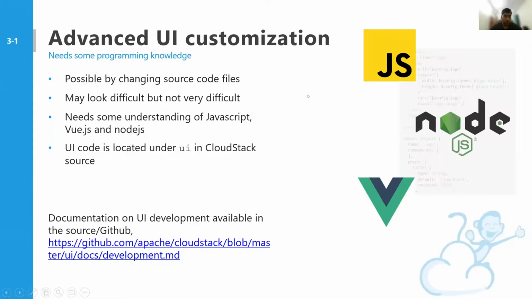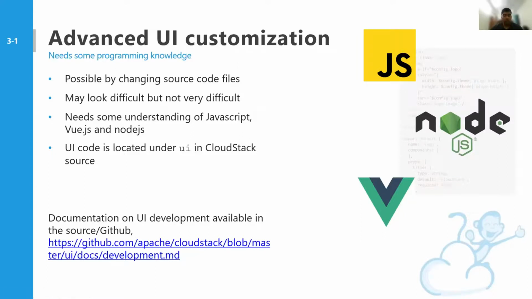In terms of code, the UI related source code is placed in the UI subdirectory of CloudStack's complete source code. That can be downloaded from CloudStack's official website as an archive, or the Git repository can be used to clone the desired tag or branch.